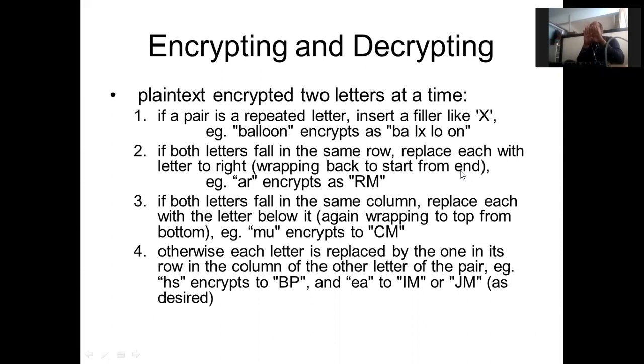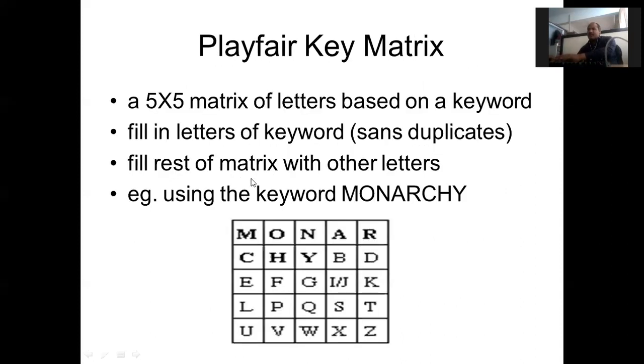We are going to consider this row like a cylinder: from the end it will start again from the start. Now consider, for example, AR. Our letters are AR. Where is AR coming here? Here I will use the annotation.